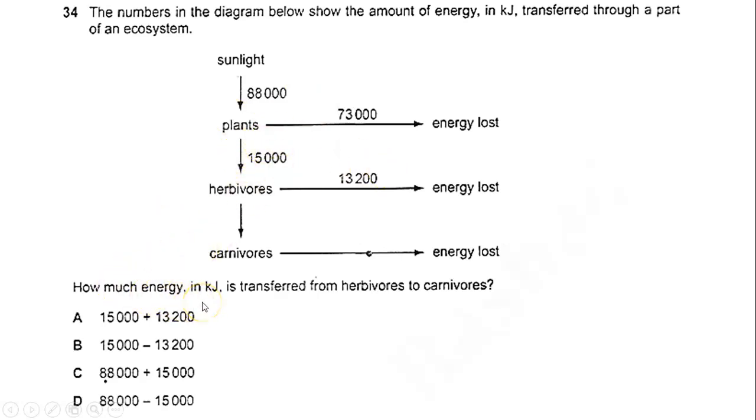How much energy in kilojoules is transferred from the herbivore here to the carnivore here? How will you get it? You are going to look at the amount of energy that the herbivore received and the amount of energy the herbivore lost. And you're going to deduct the energy lost from the energy received. So it's going to be B.